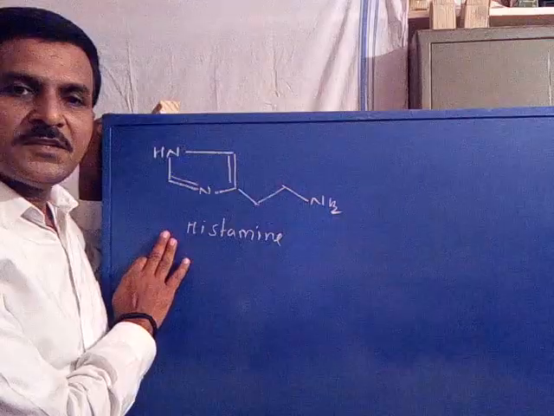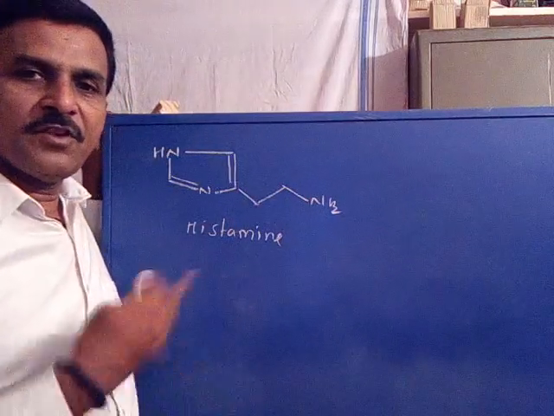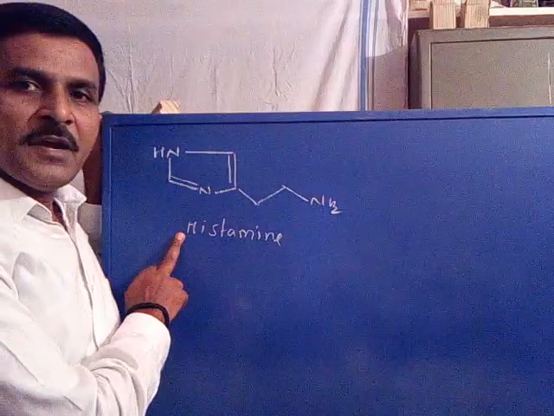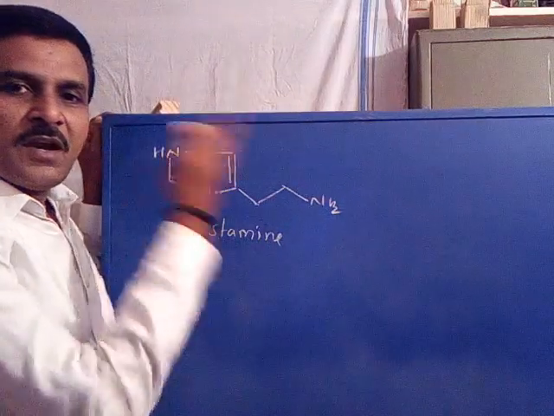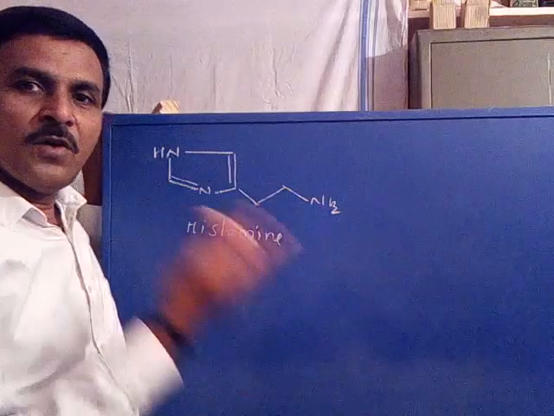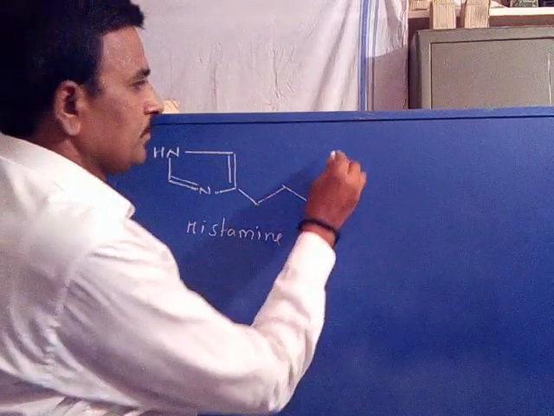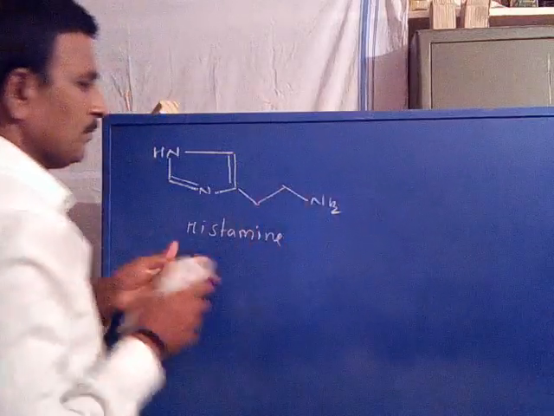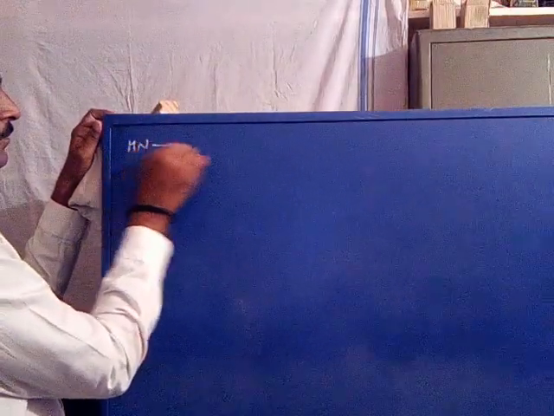Based on the histamine structure, the antagonist cimetidine was designed. First, histamine was transformed into its guanidine derivative. Say, I am writing here.